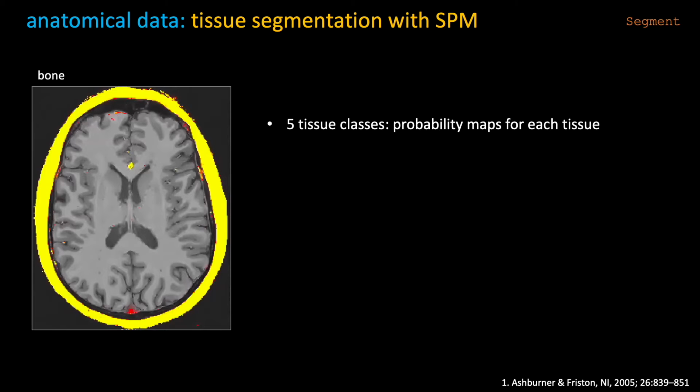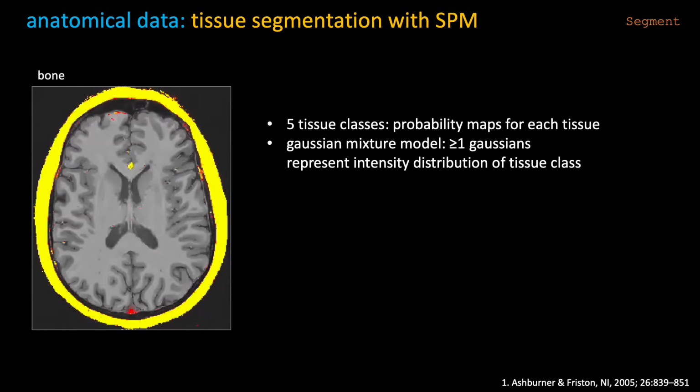And these 2 I'm going to get back to in a few slides, as they can be helpful for correction of the segmentations of the brain from FreeSurfer. All of this is generated with a Gaussian mixture model with at least 1 Gaussian per tissue to represent the intensity distribution of the tissue class. And as I said, they can be helpful as an alternative source of segmentation to deal with certain issues of the segmentation that FreeSurfer provides.